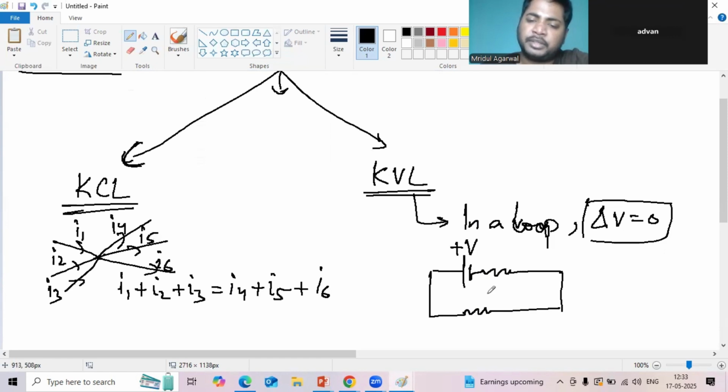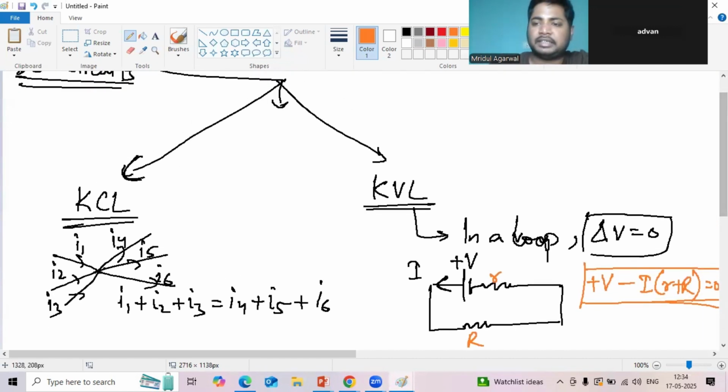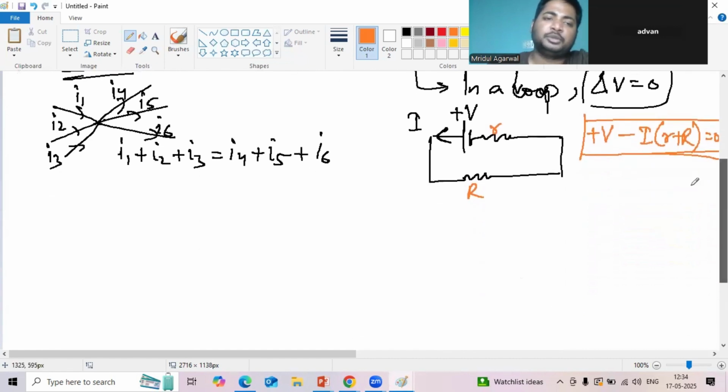Let's say this is plus V and the current is flowing in this direction; always try to start from the positive side of the battery. Then I write plus V minus I into (capital R plus small r) equals 0. This type of law we should write in KVL and KCL, and it is used in various circuits.